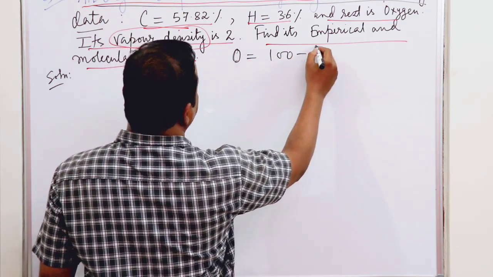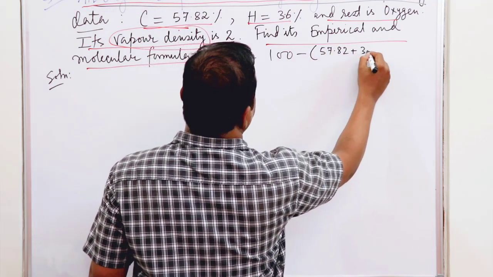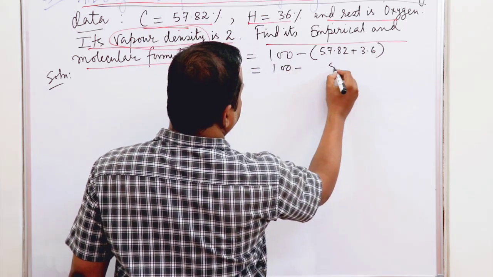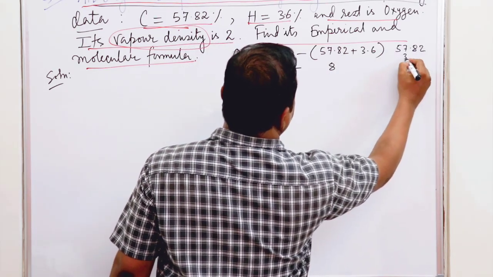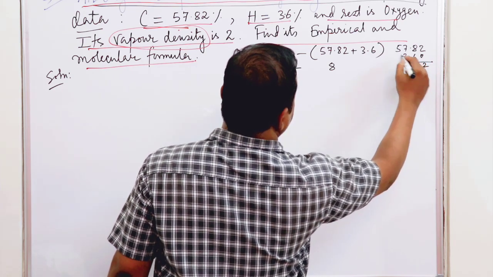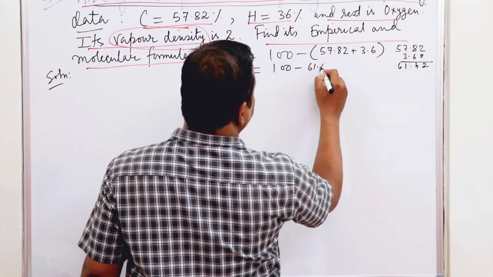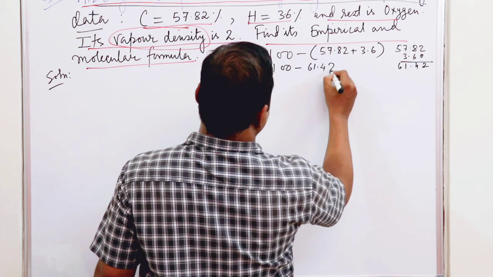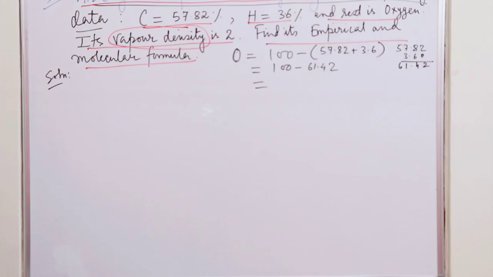Just subtract them from 100. 100 minus 57.82 minus 3.6. The sum is 61.42. So on subtraction, we get the percentage of oxygen as 38.58.